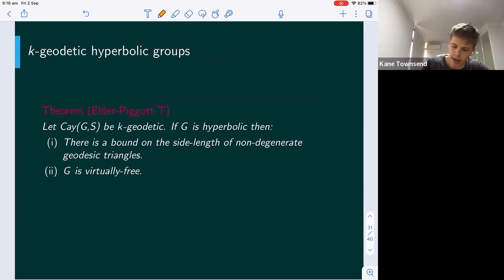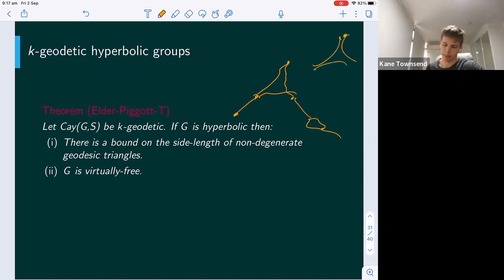By non-degenerate, I just mean the sides are disjoint from each other, so they're not something like this, or bubbling, or something like this. It's just disjoint sides.